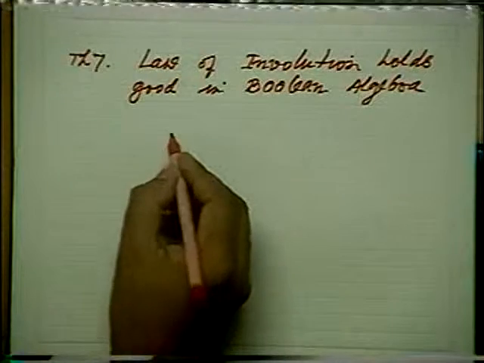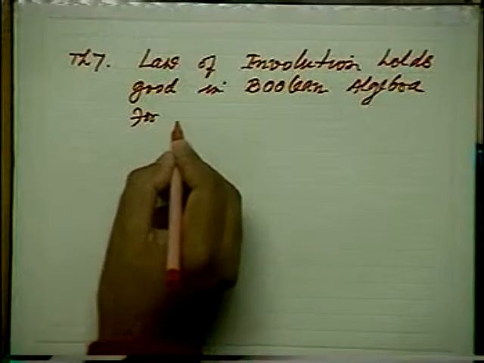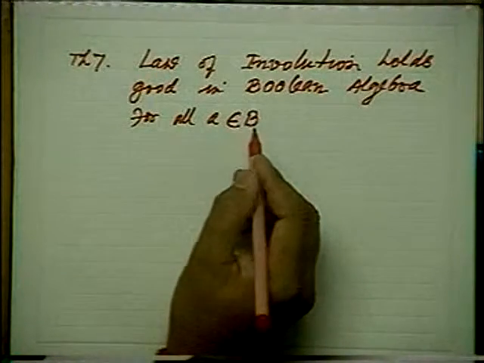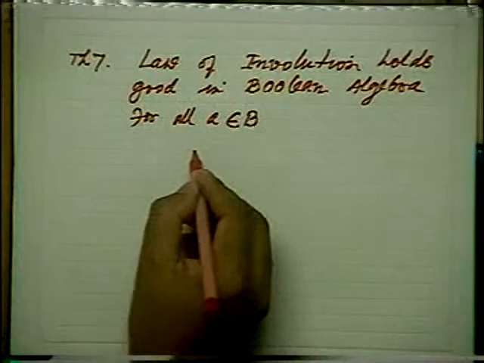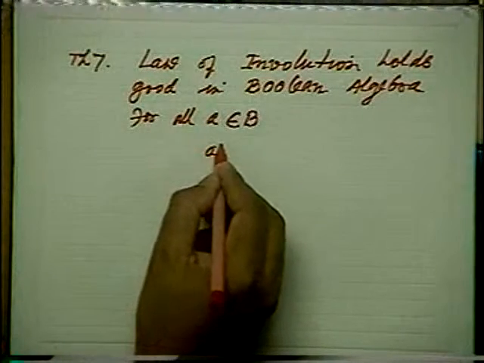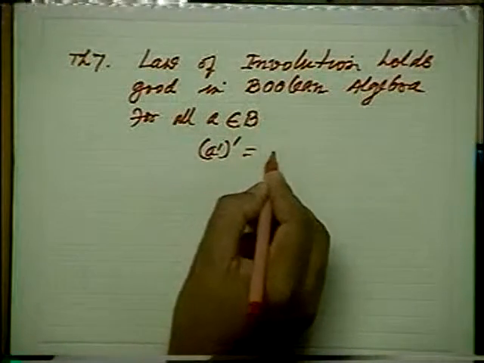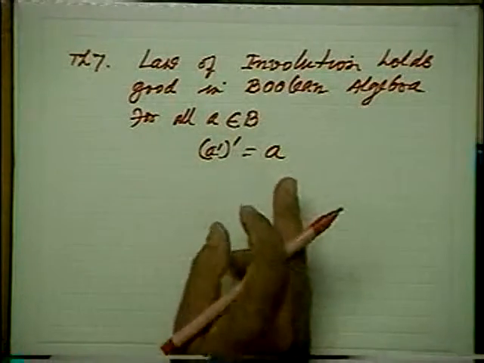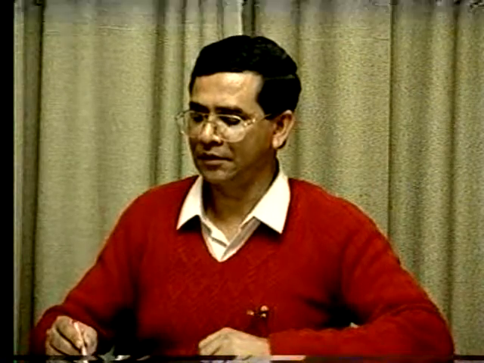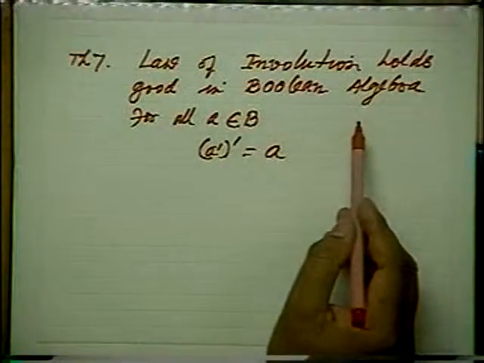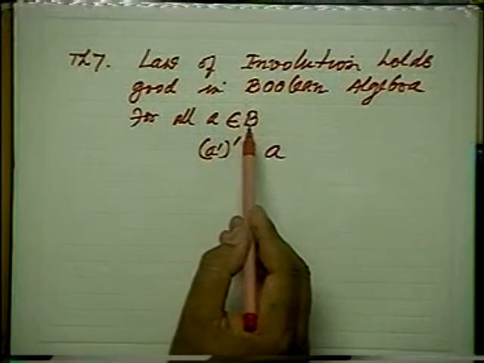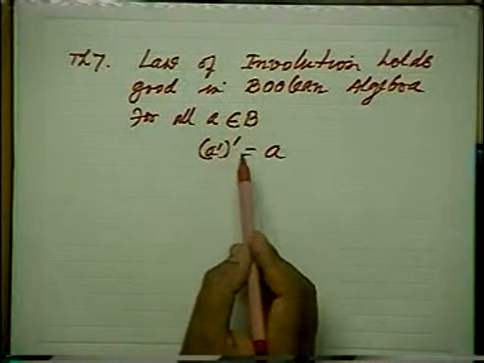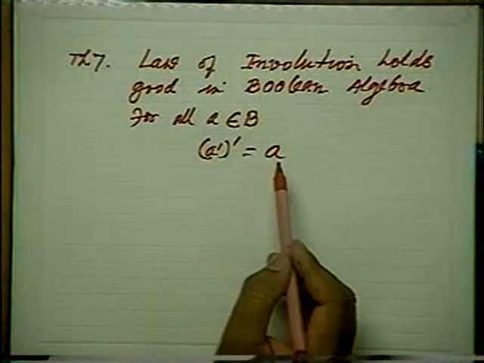By that I mean that for all A contained in B, A dash dash is equal to A. This is my law of involution. That means if I apply the unary operator dash twice, then we get back A.